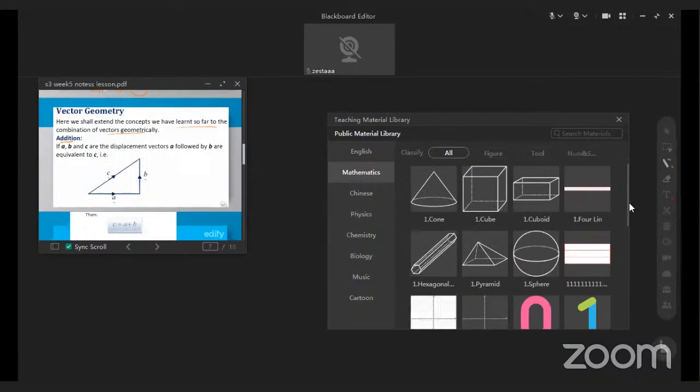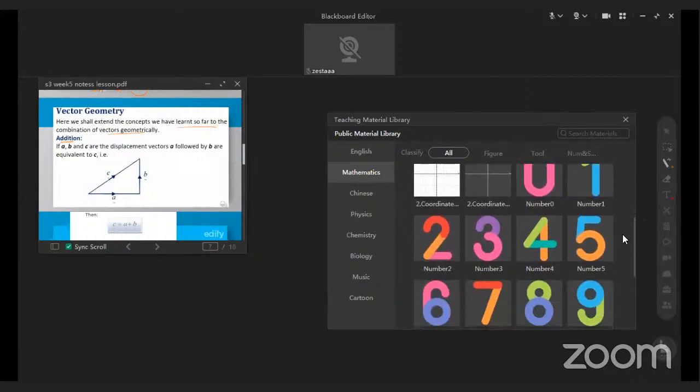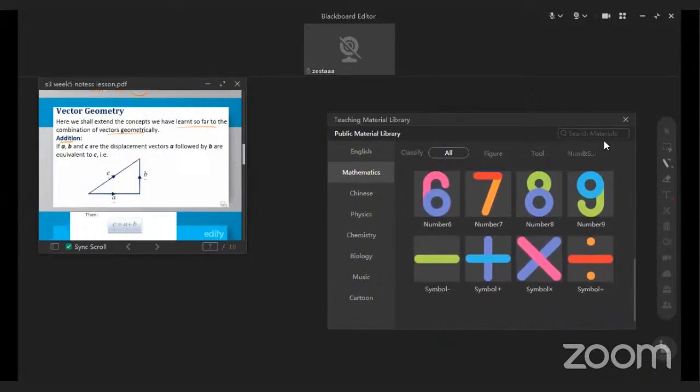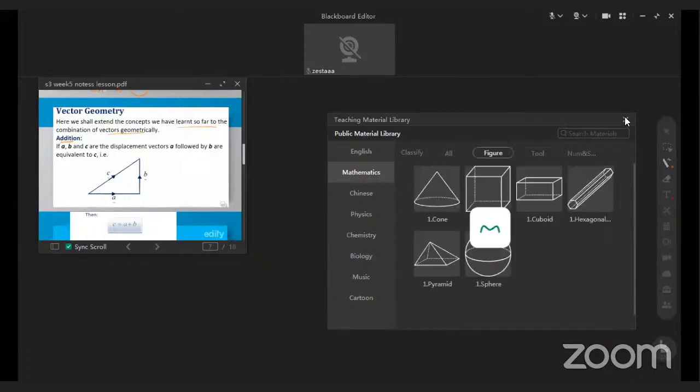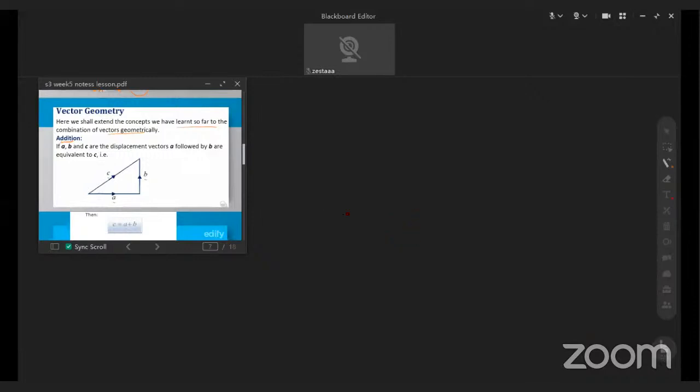I don't have any, so let's just draw one. Now, when we have this right angled triangle, let me draw one here. We can easily have this.